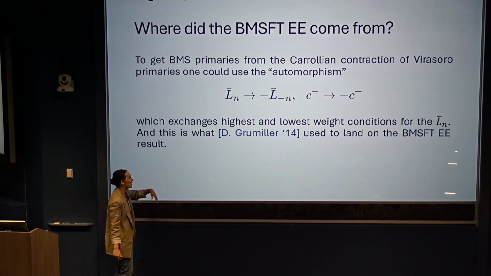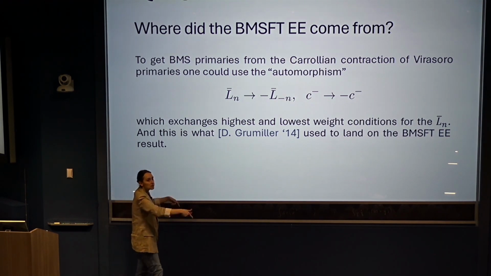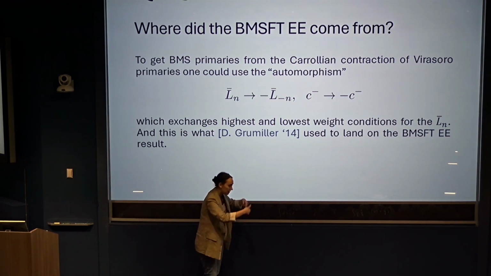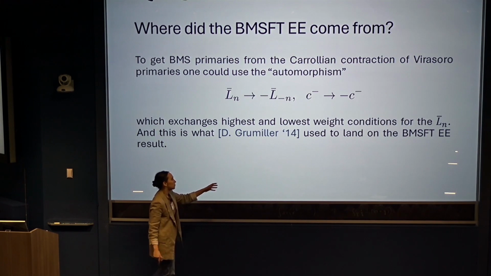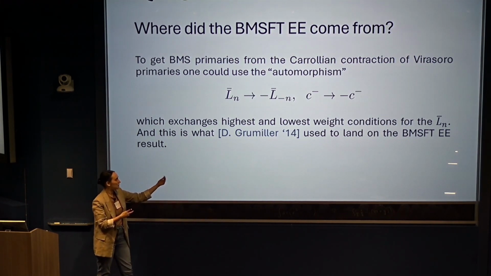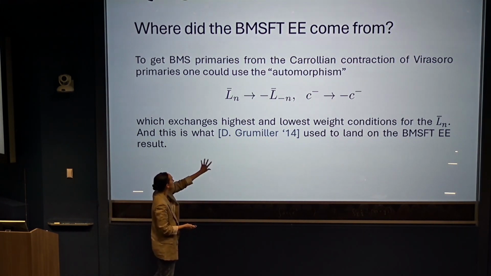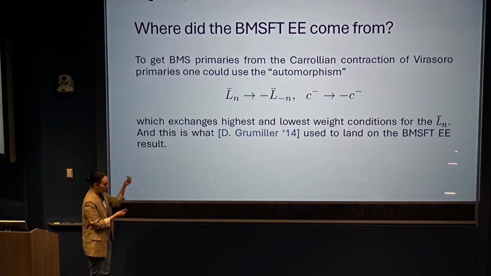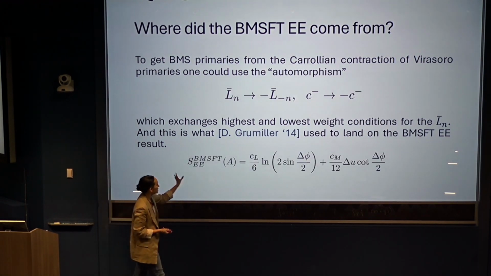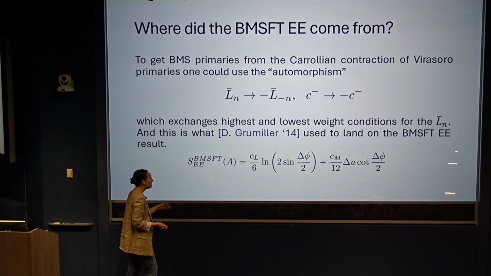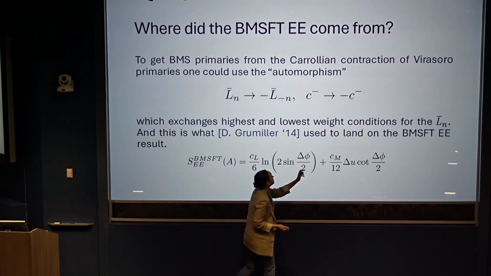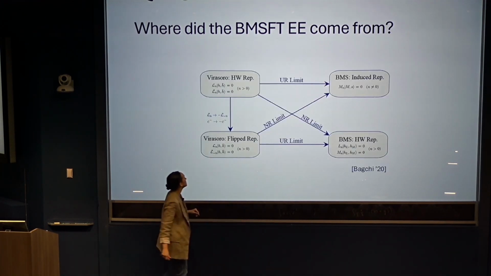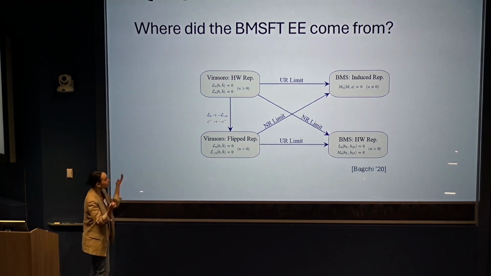And so that's the reason why I was alluding to what the values for these expressions are if I happen to have TMG, because there's a sense in which their auxiliary space-time where they're doing these computations would be topologically massive gravity. So that's the game they're playing when they land on this quantity for the BMS field theory entanglement entropy, where they kill the CL term and CM term because of that choice. And so, fine.